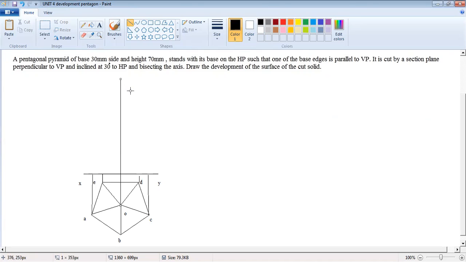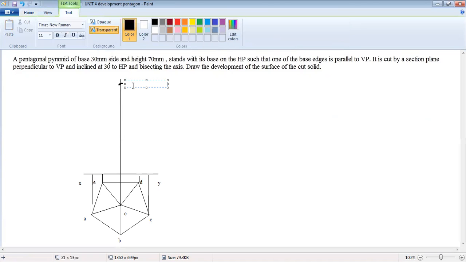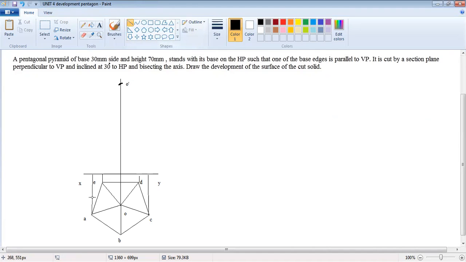The height is 70 mm, so we have to measure 70 mm from this XY line. This is the vertex or apex point, O dash. Join all the points to that O dash.